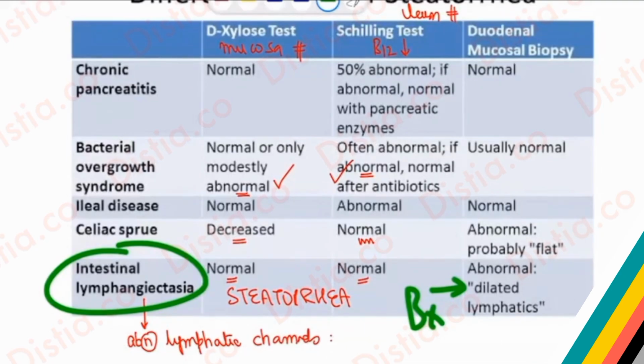The final summary here is, for malabsorption, usually tests like D-xylose and Schilling's are abnormal. The only MCQ of malabsorption where both of these tests are given to be normal and still there are steatorrhea manifestations is intestinal lymphangiectasia. These are the details that I want you to remember for this topic.